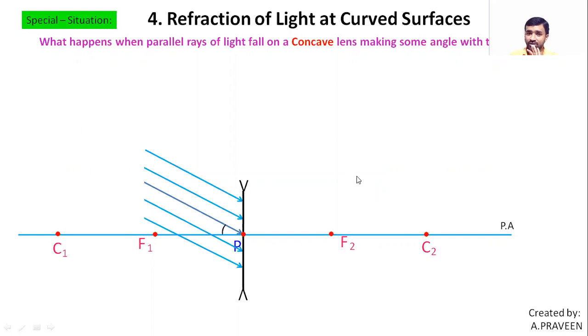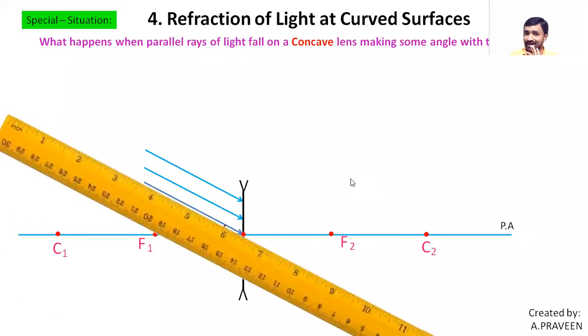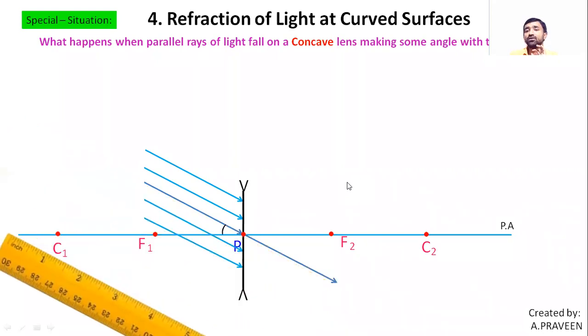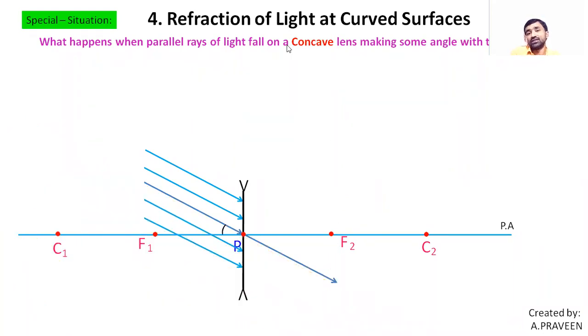So here I can put the scale, then I can extend that light ray in the forward direction after refraction. Now this line behaves as an imaginary principal axis for me.